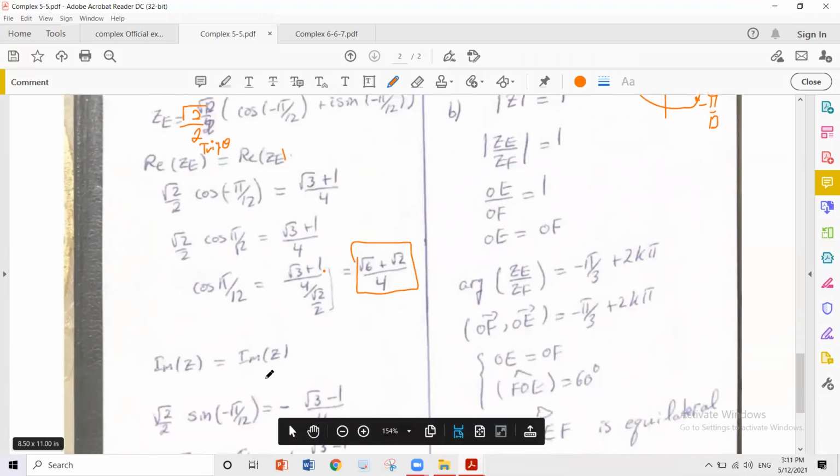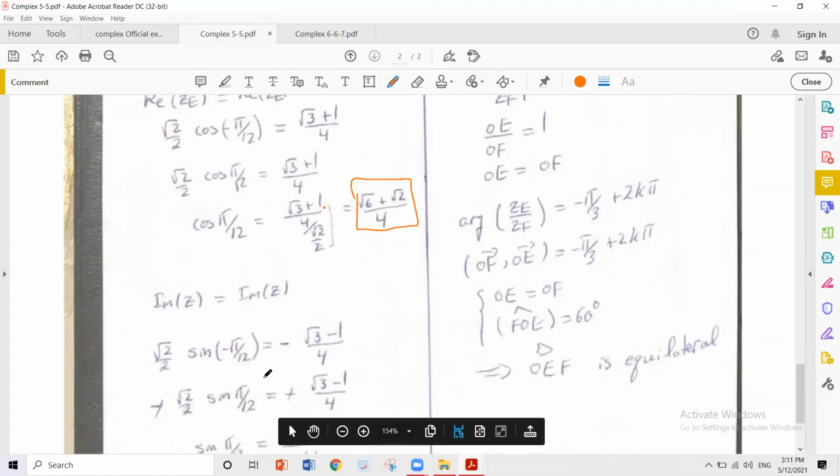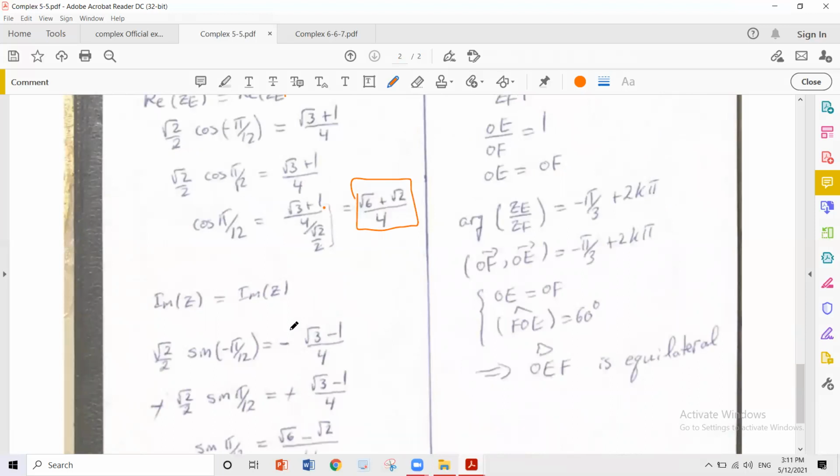Now, imaginary equal imaginary. Radical 2 over 2 sine minus pi over 12 equal minus radical 3 minus 1 over 4. In quadrant 4, sine is negative.